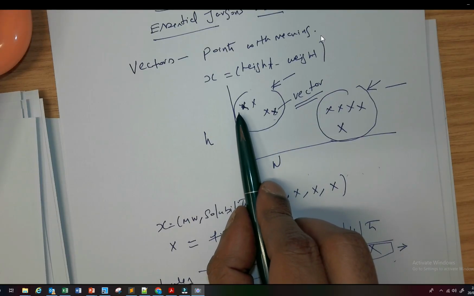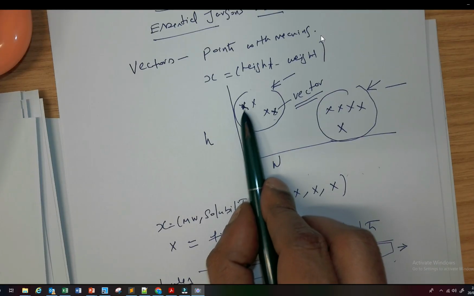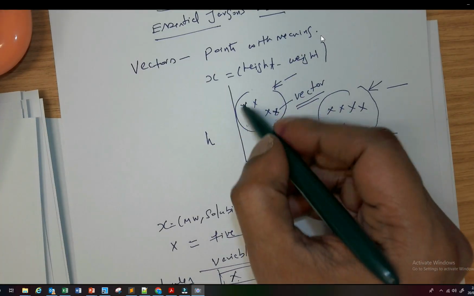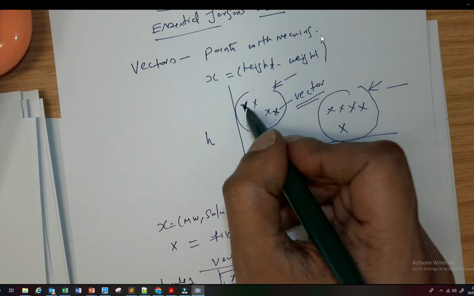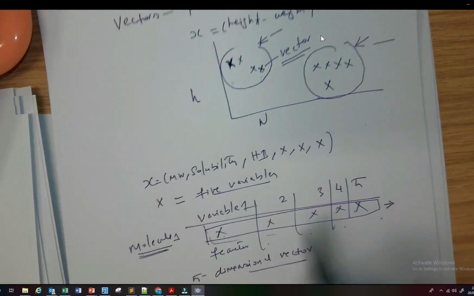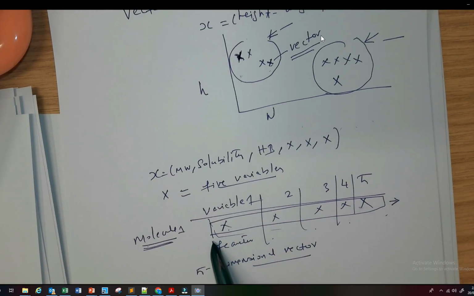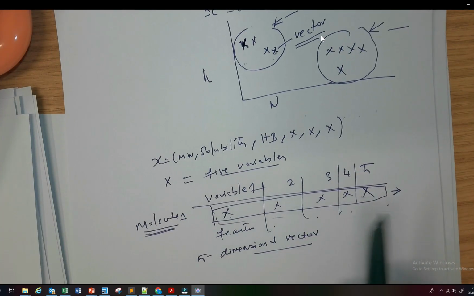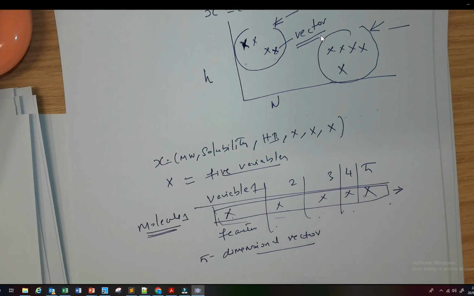So this is a two-dimensional vector, and each point in the two-dimensional space you can call a vector, and each point in a five-dimensional space you can also call a vector. And remember that.